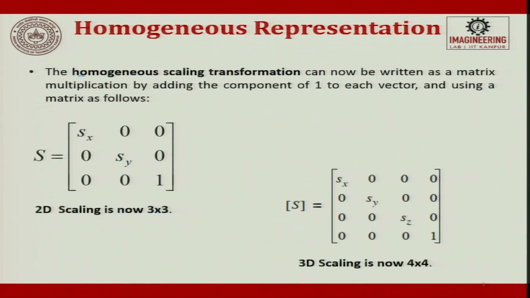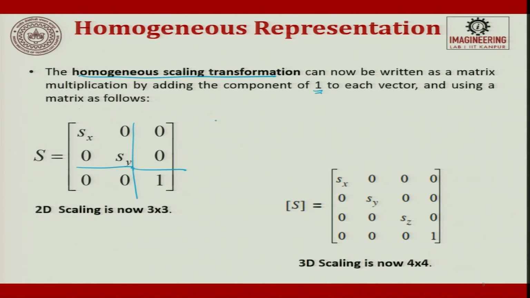When we try to write the homogeneous scaling transformation, it can now be written as a matrix multiplication by adding the component of 1 to each vector using a matrix as given below, as this is what we studied, and now we get the homogeneous scaling transformation by writing it in 3 cross 3. Same for 4 cross 4.